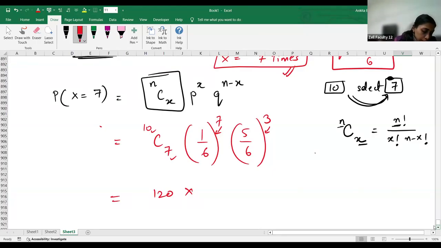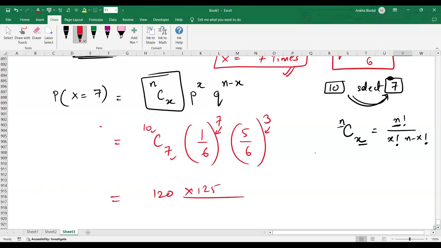So 5 cube is 125, and then 6 to the power of 10. So you can directly do 125 into 120 divided by 6 to the power of 10.